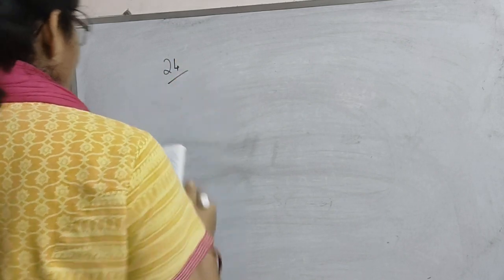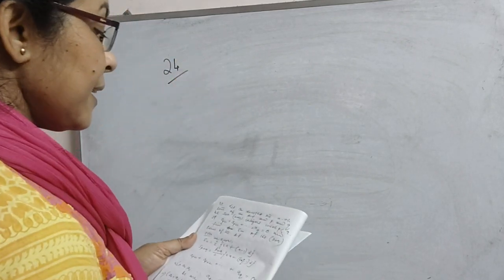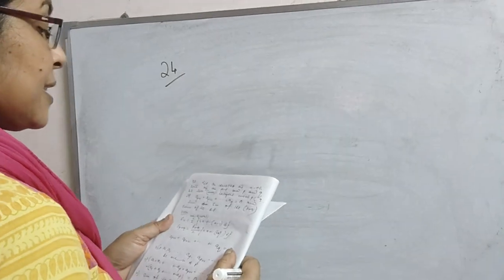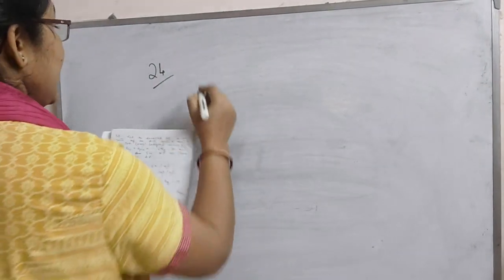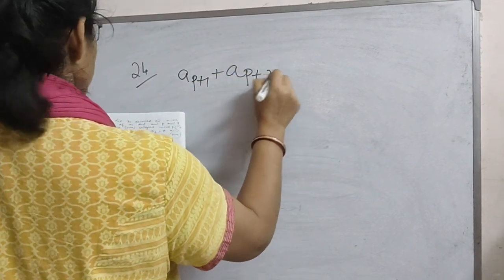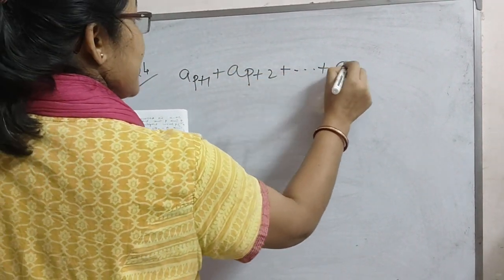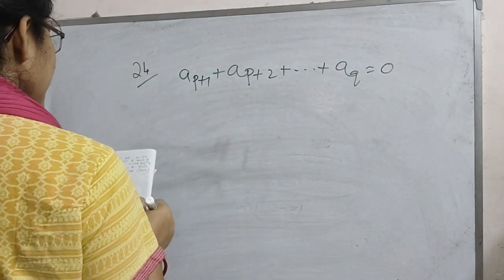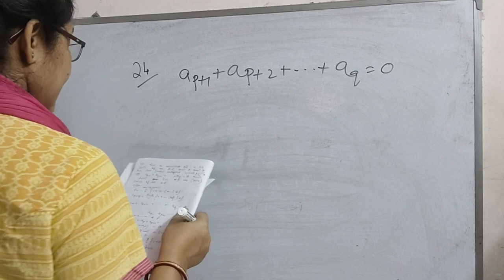Sum number 24. Let An denote the nth term of an AP, and P and Q be two positive integers with P less than Q, and A(P plus 1) plus A(P plus 2) up to plus AQ is equal to 0. Find the sum of the first P plus Q terms.